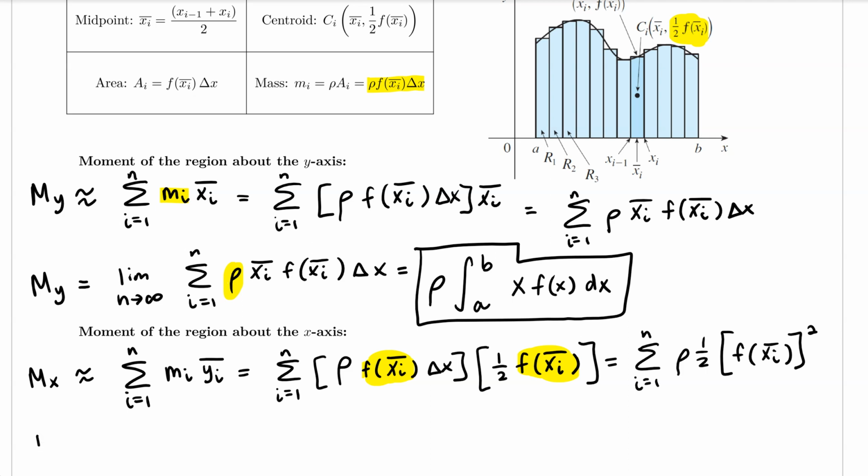And now, if we want the exact value, just like before, we're going to take the limit as n approaches infinity of that summation. I erased the parentheses because I didn't want that to look like function notation.